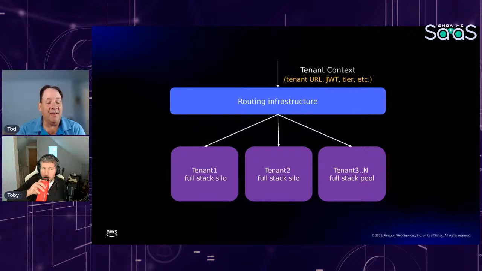By the way, we aren't going to dig into onboarding because we've talked about that before, but you can imagine when somebody signs up, something has to configure these somewhere, create some kind of entry somewhere that maps this on the fly to the new tenant that gets introduced. Yeah. The other, go ahead, Toby.